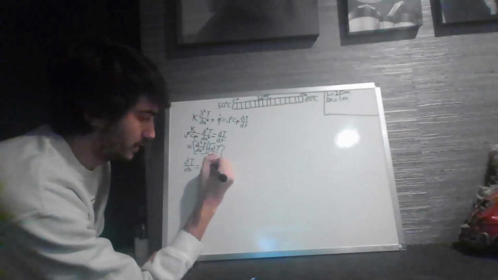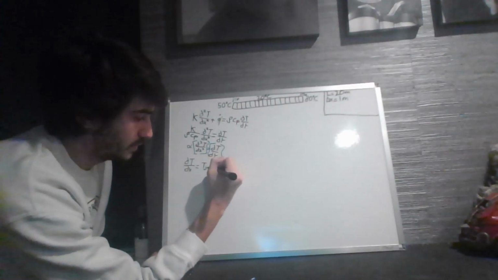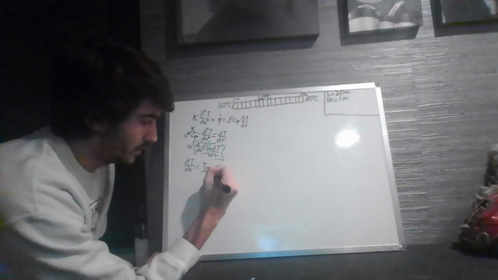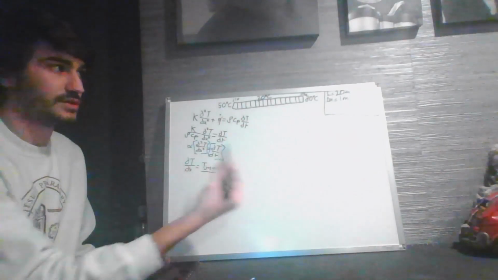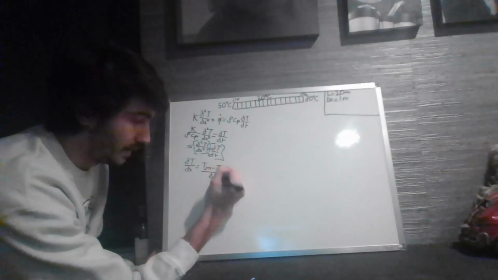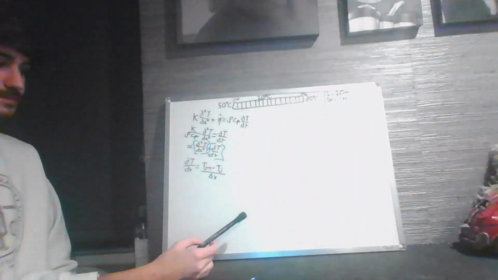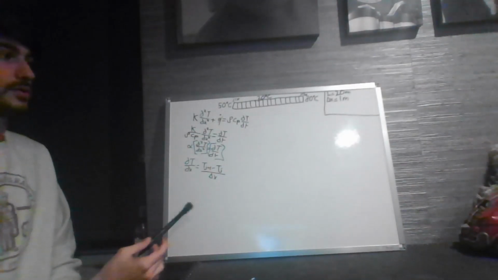Simply by equaling T of j plus 1 minus T of j, and divide it by the difference, right? How much it changed, what it changed by, which is the increment, delta x. So this is our expression for our first partial derivative: the difference between the two temperatures divided by the increment.